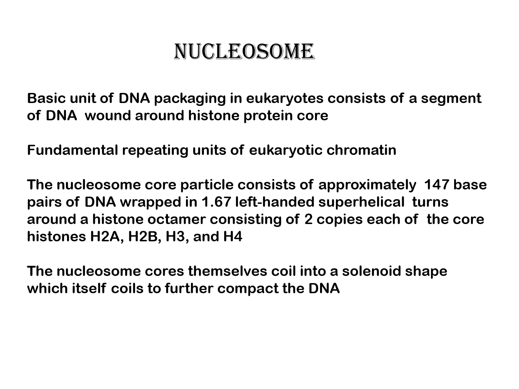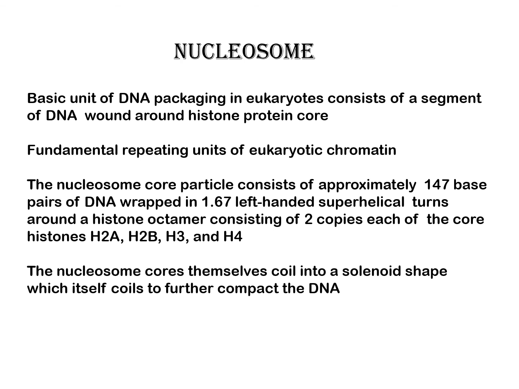The nucleosome core particles consist of approximately 147 base pairs of DNA wrapped in 1.67 left-handed superhelical turns around a histone octamer consisting of two copies each of the core histones H2A, H2B, H3 and H4.